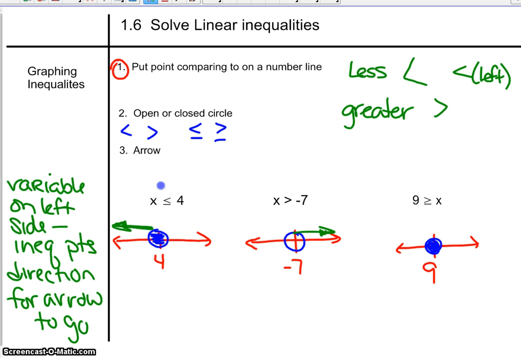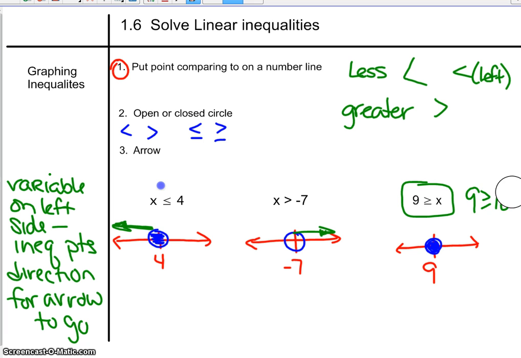Now, here's where we have to be careful, because this gets people goofed up a lot of times. If you read it, we read left to right, we say 9 greater than or equal to x, and our brain tells us that we want numbers greater than 9, so we automatically think of numbers like 10 and 11. But if I looked at 9 greater than or equal to 10, that's not a true statement.